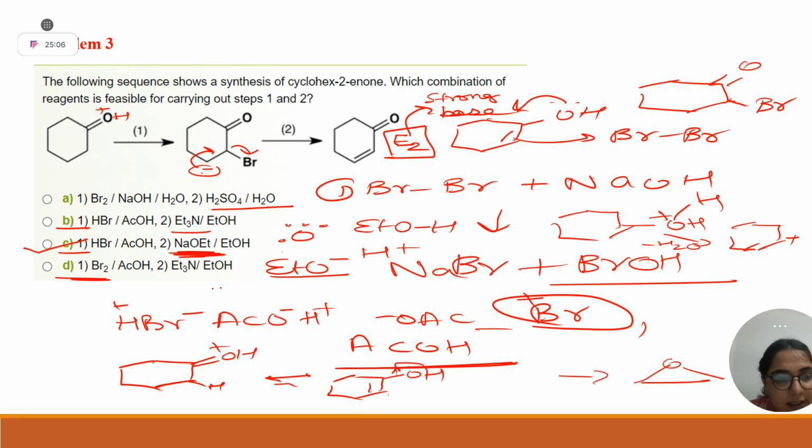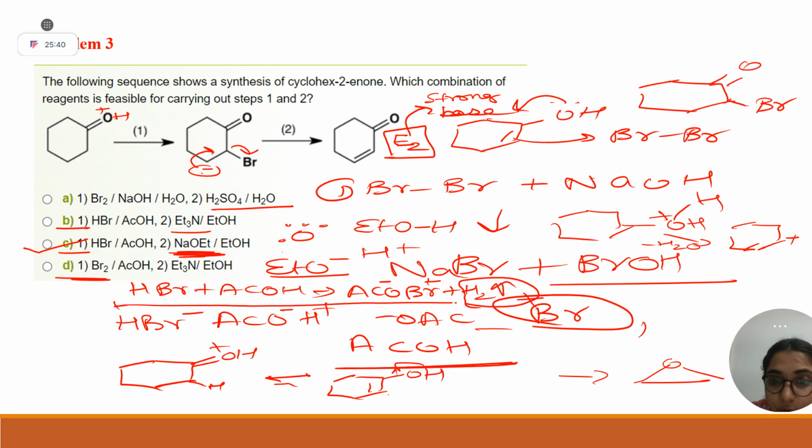Okay, this thing is not clear here, that from where... I think HBr and acetic acid will give me ACOBr plus H2, as extrusion of H2 will lead to an increase in entropy, and this will be ACO minus, this will be Br plus. I think the mechanism would go this way.